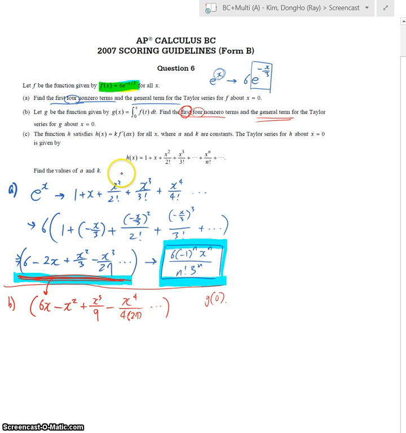Originally the first 4 would be like this, but because the very first term equals 0, the first 4 is just the same as what we got.